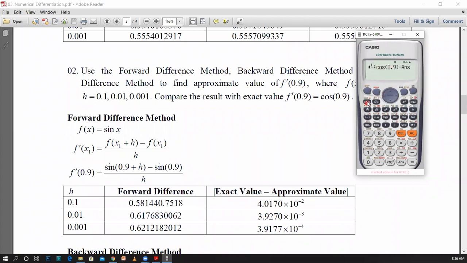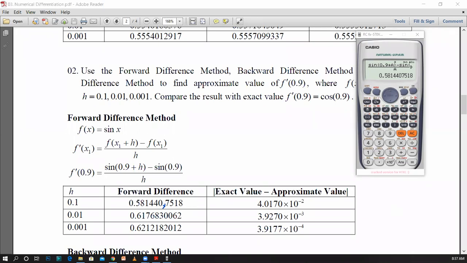Once you perform the calculation, for h equals 0.1, the answer you are getting is 0.58 1440751. There is a typing mistake here, please omit this. 0.4407.